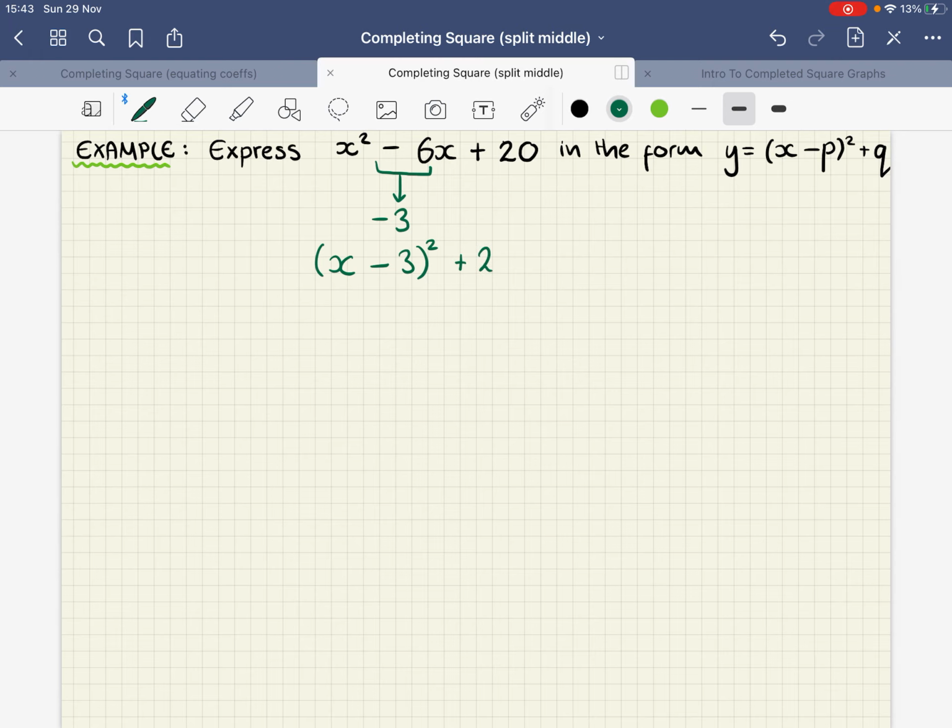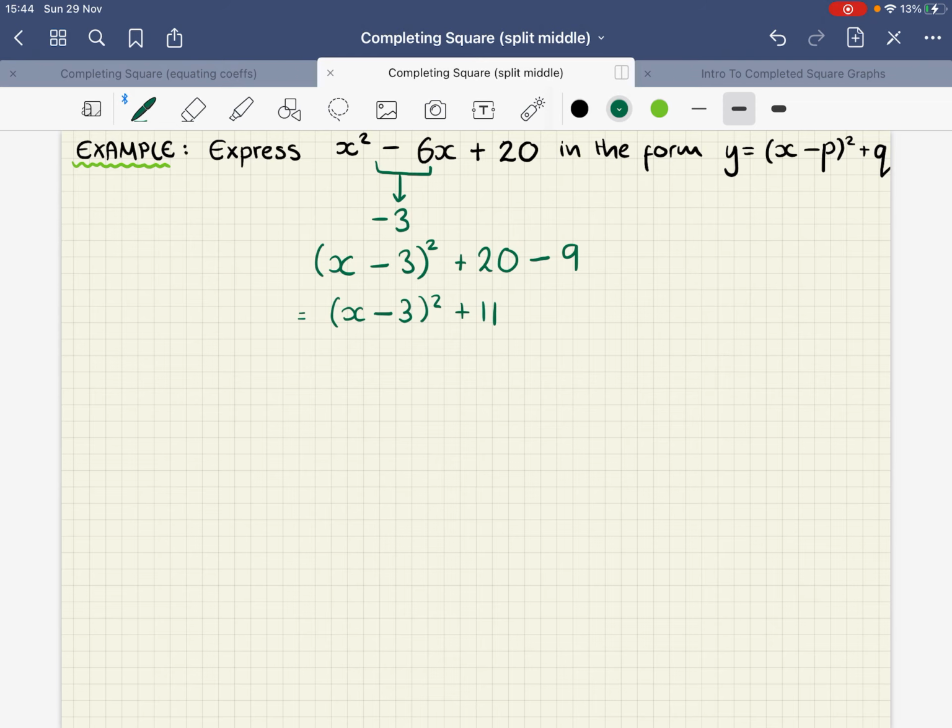I still have that 20 from before, but then I need to take away this number squared. So I take away, and then 3 squared gives me 9. And so my final answer is going to be x minus 3 squared plus 11.